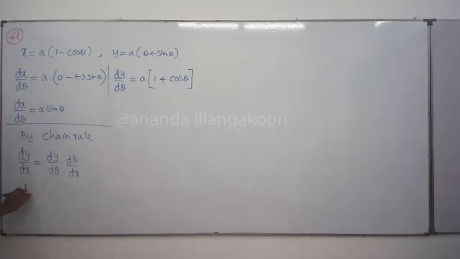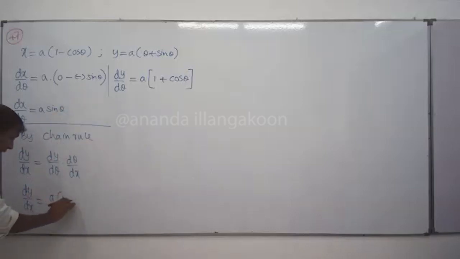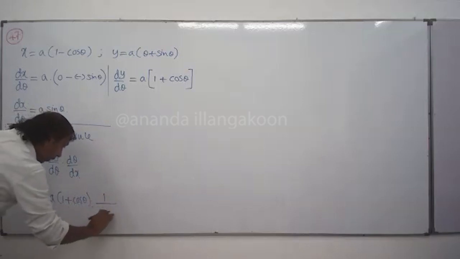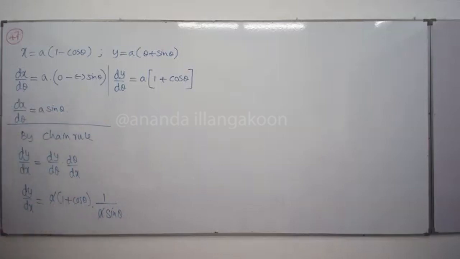Dy by dx is equal to a times 1 plus cos theta. D theta by dx means, people, take the reciprocal, 1 upon a sin theta. This a and this a you can cancel. Then we get dy by dx as 1 plus cos theta divided by sin theta. Right? Okay. Dy by dx is okay, people, now.